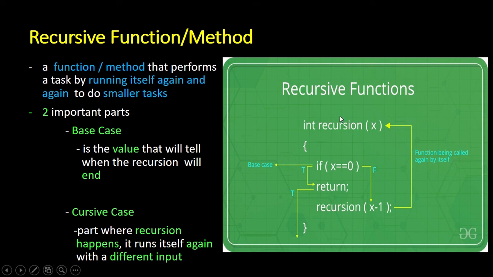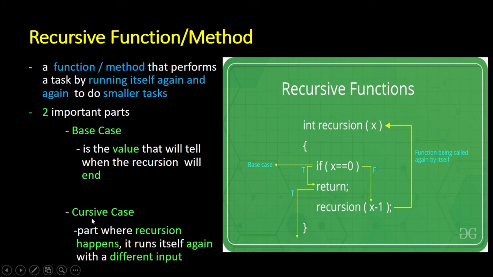In our example on the right, in the visual representation, our base case is the conditional if. If this is true, then the recursion will end. It will return whatever item it has.